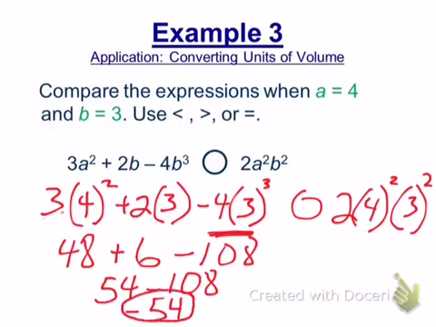Now, if the goal is just to put a symbol in here, we can go ahead and do it. Because this is positive. So then you push this way. Holy smokes. We can go ahead and do this.